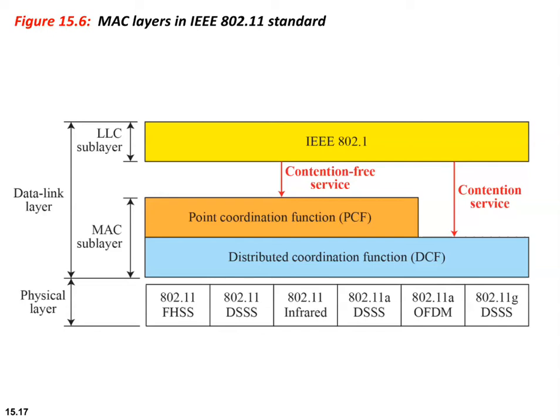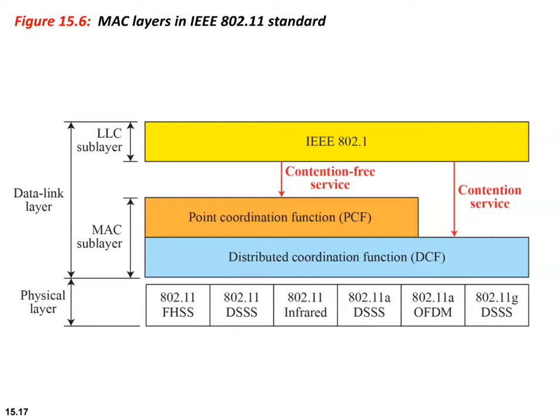The access point performs polling for stations that are capable of being polled. Here, the point coordination function has more priority than the distributed coordination function. And to give priority, PIFS has been defined. It is the point coordination function interframe space, which will be shorter than DIFS.